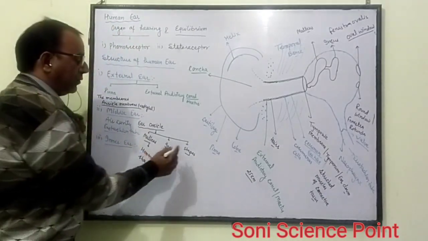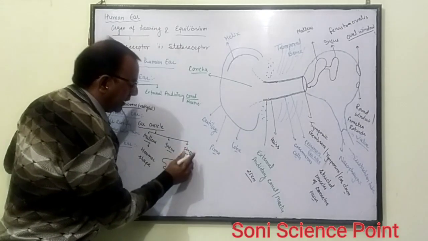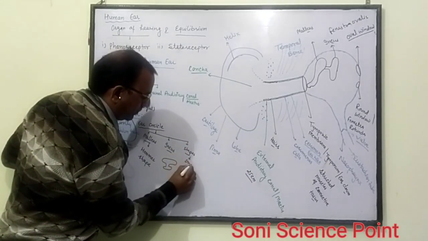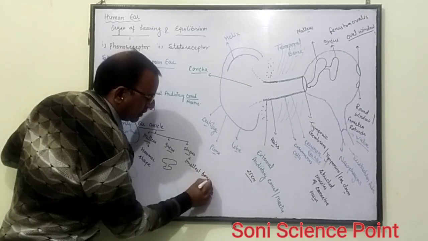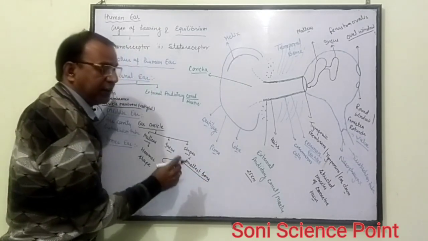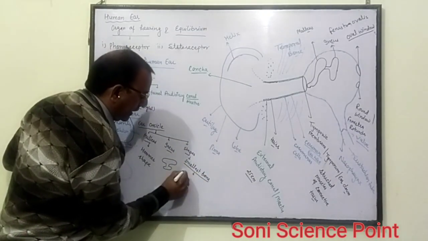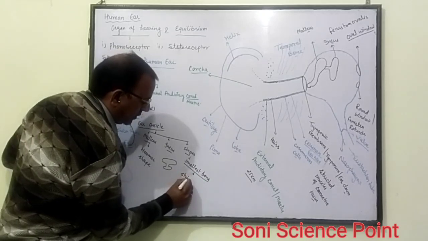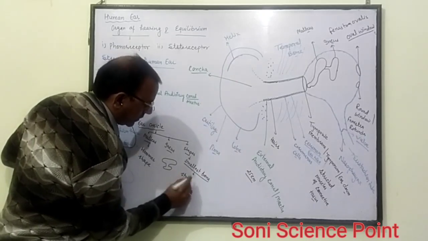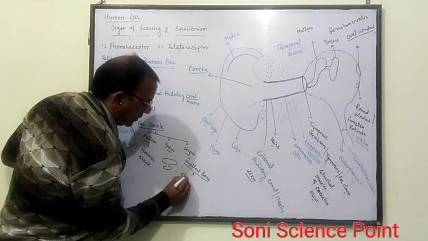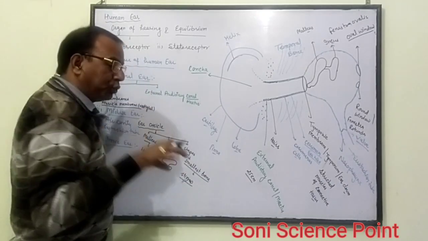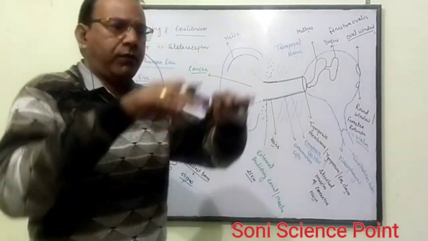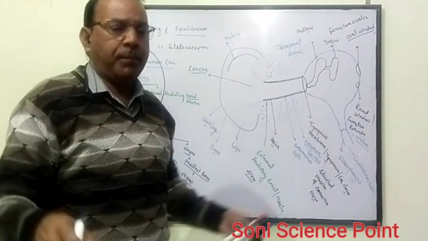The third bone is called stapes, the smallest bone in the human body. It is stirrup shaped. A stirrup is a U-shaped, hook-like structure found on a horse's back.